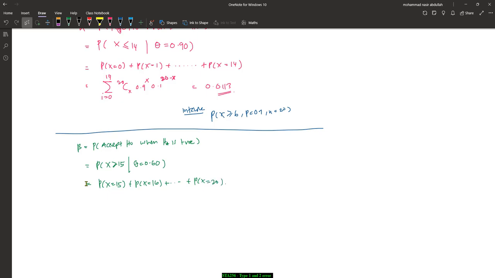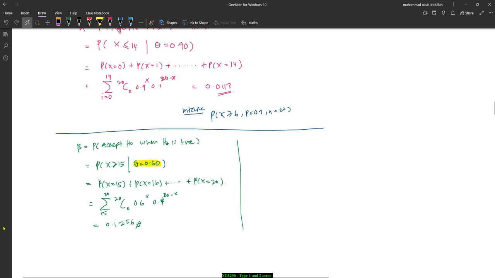Since we already have a calculator, you just plug the value into the calculator lah, senang, right? So this starting from 15 until 20. So this one start from 20, choose X, 0.6 power of X, 0.4 power of 20 minus X. Right, so if you tekan the calculator, you should get 0.1256.